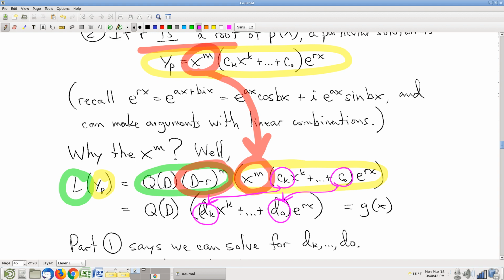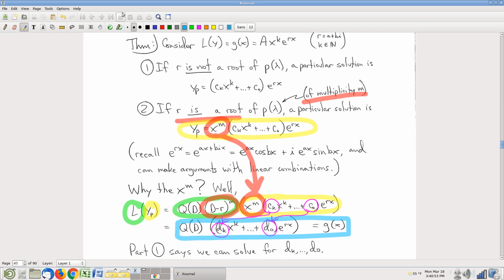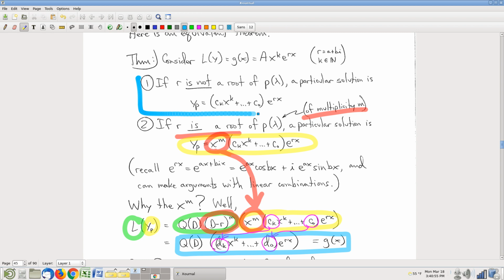So what's happened? Why is this a win? Well, notice that what has resulted is a differential equation that we already know how to solve. We have here a linear differential operator, constant coefficient. We have an alleged hopeful particular solution that we want to make everything work out to be g of x.